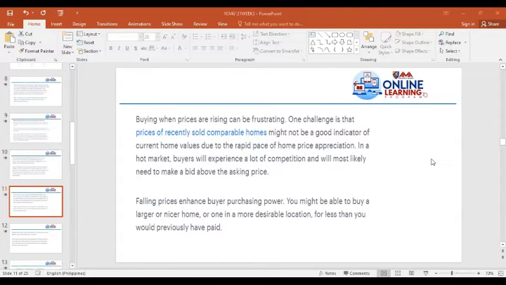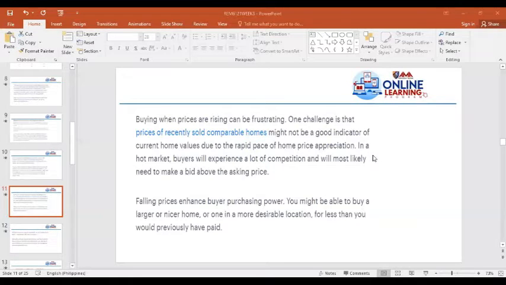Buying when prices are rising can be frustrating. One challenge is that prices of recently sold comparable homes might not be a good indicator of current home values due to the rapid pace of home price appreciation.